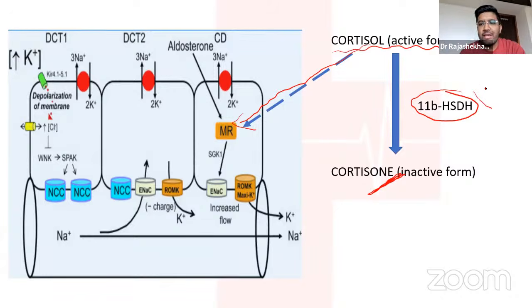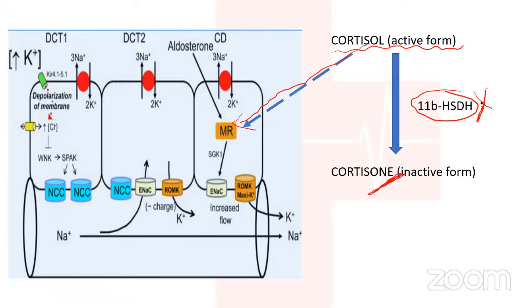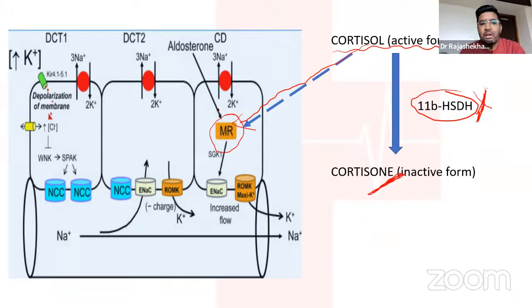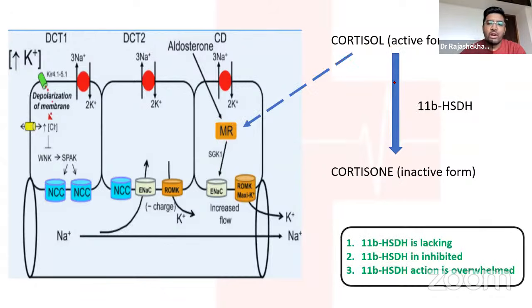So if this enzyme is not functioning properly, cortisol is going to act on the mineralocorticoid receptor and behave similarly to how mineralocorticoid activity increases with hyperaldosteronism. For this 11 beta hydroxysteroid dehydrogenase to be deficient, there are two conditions.